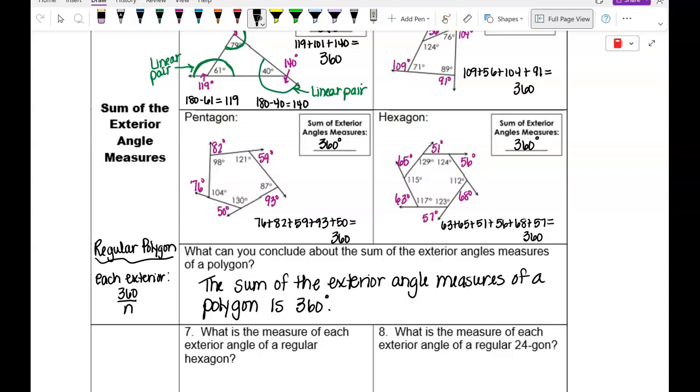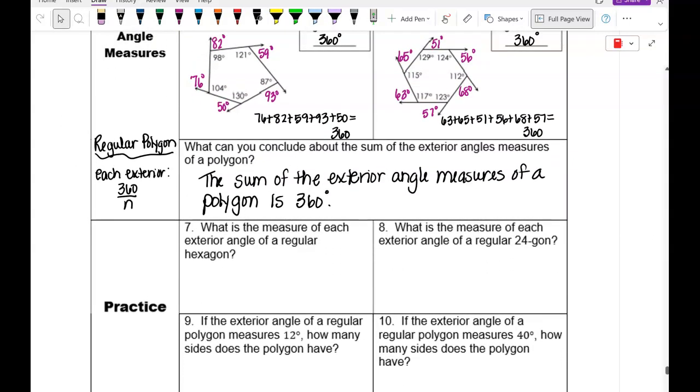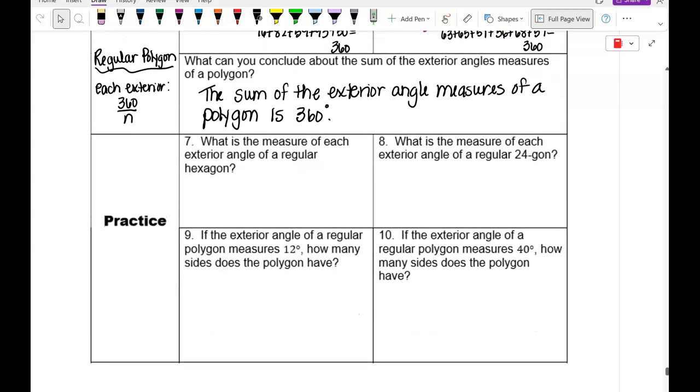So now when we look at problem number 7 here, it says, what is the measure of each exterior angle of a regular hexagon? So key part there, they are saying regular. So we do know that it is equilateral and equiangular. How many sides does a hexagon have? 6. So we know that n equals 6 in this case.